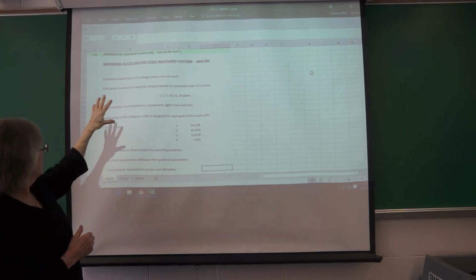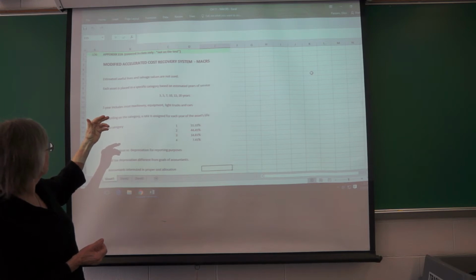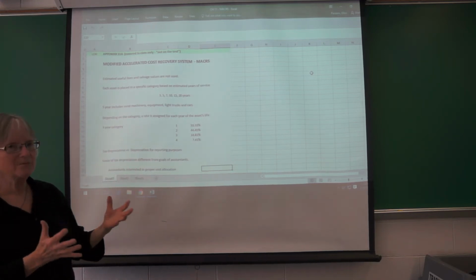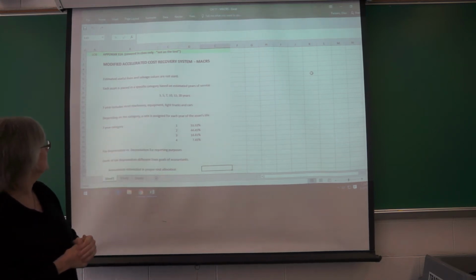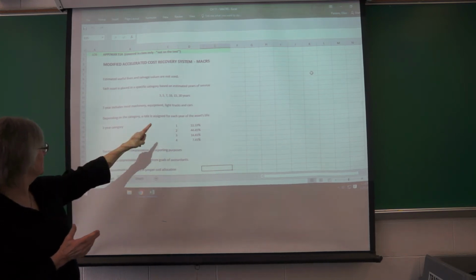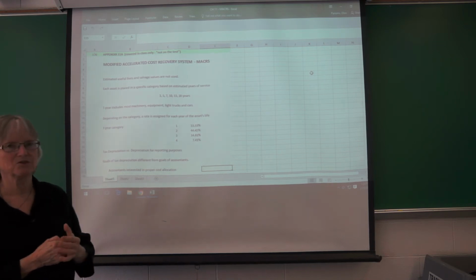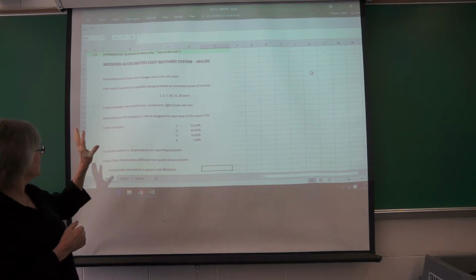And generally, if you run into it, they don't use any estimated useful lives or salvage values, but each type of asset is placed in a category. It's either 3, 5, 7, 10, 15, or 20 years. And depending on the category, the IRS assigns a rate that is used for the depreciation for that year. So this is tax depreciation.